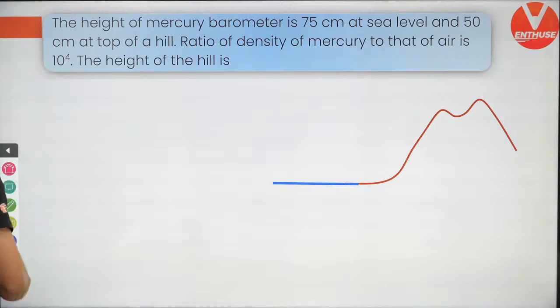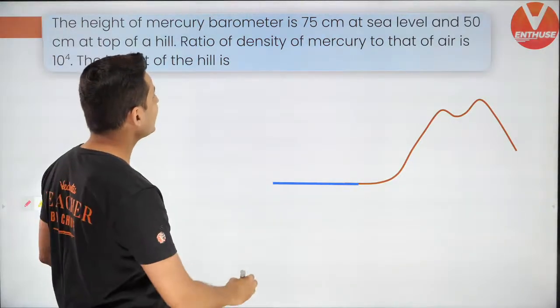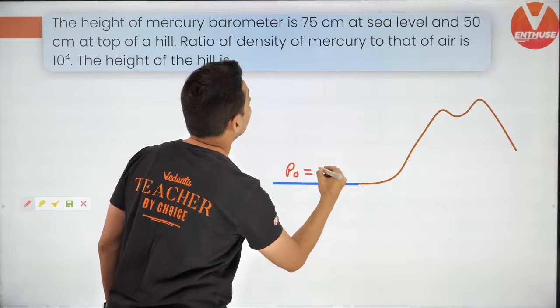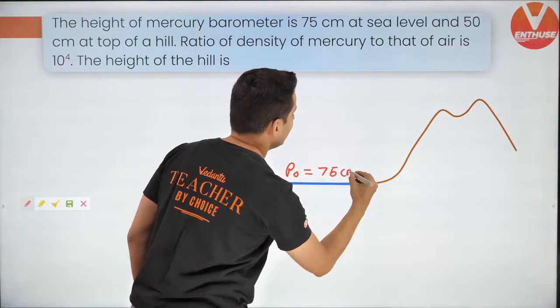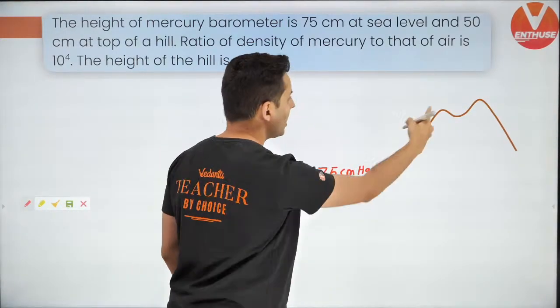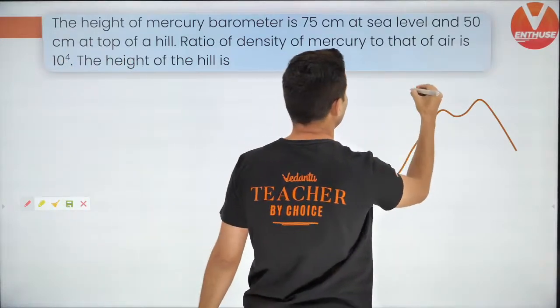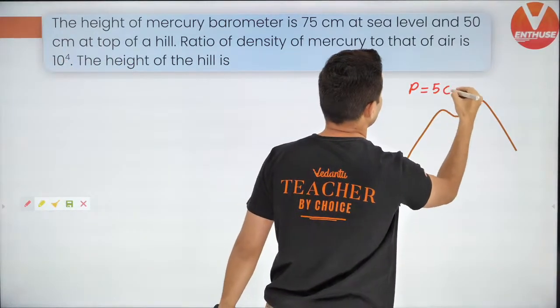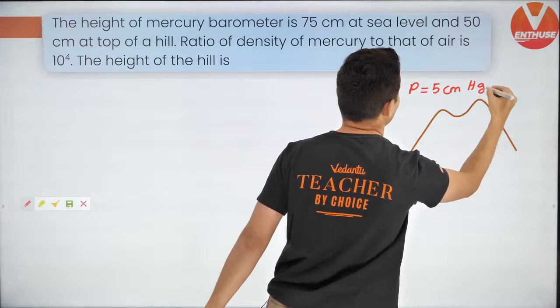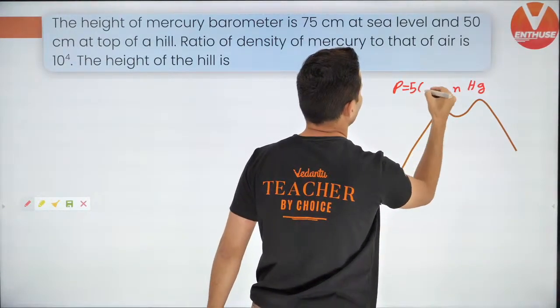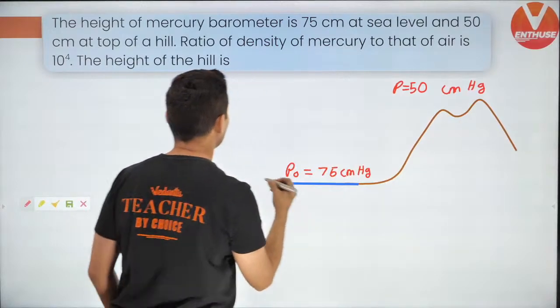All right, let's see. So at the sea level, the pressure P naught is 75 centimeters of Hg. At the top of a hill, it is 50 centimeters of Hg. So P is 50 centimeters of Hg.